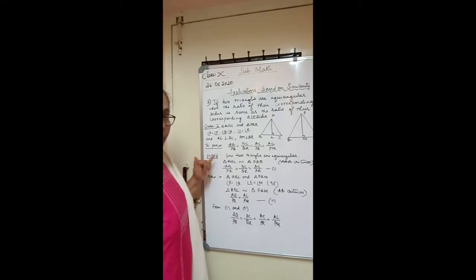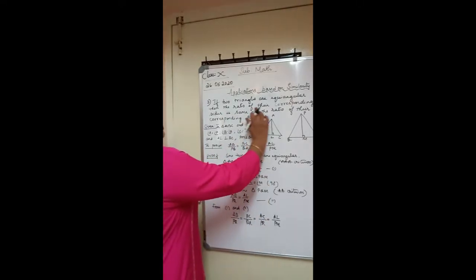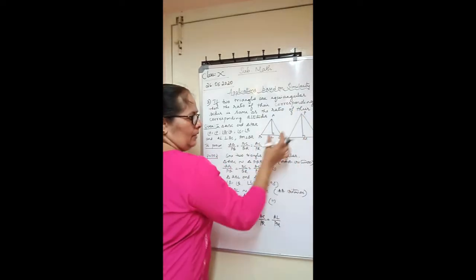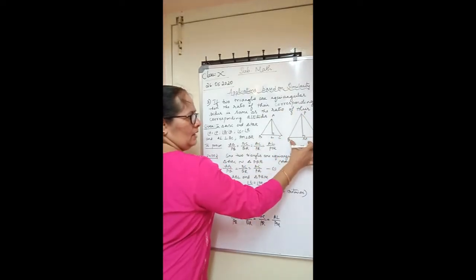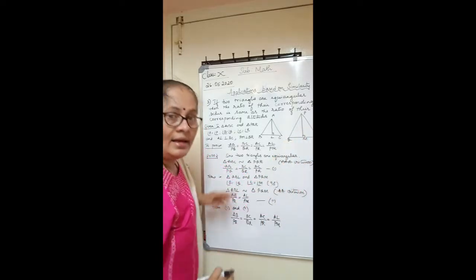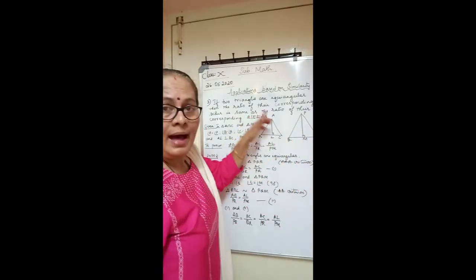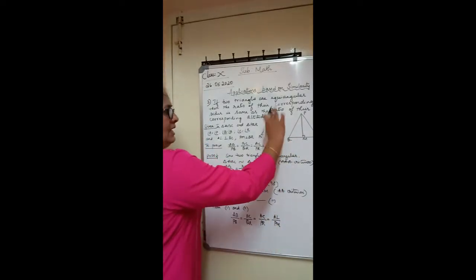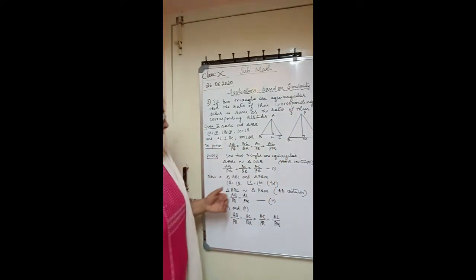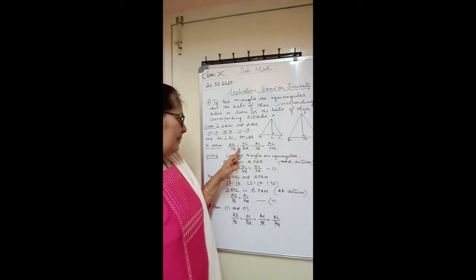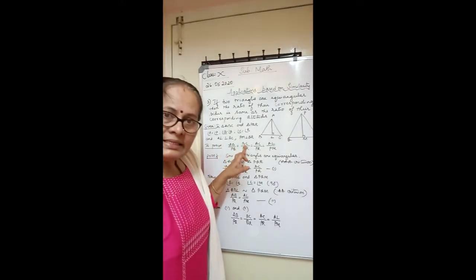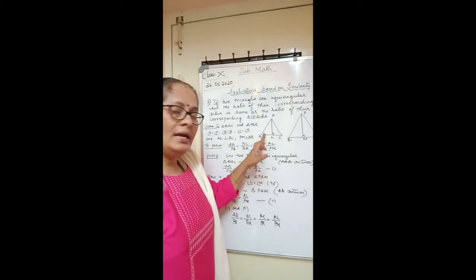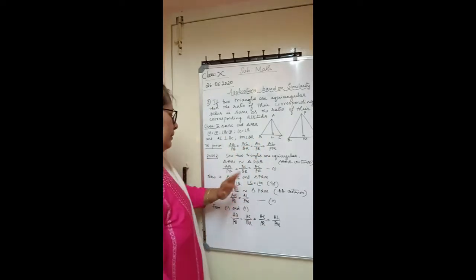Now, what you have to prove? The ratio of their corresponding sides, that is AB by PQ equals BC by QR equals AC by PR, is the same as the ratio of their perpendiculars, that is AL by PM. So you have to prove that AB by PQ equals BC by QR equals AC by PR equals AL by PM.